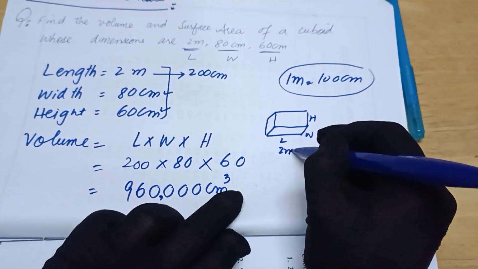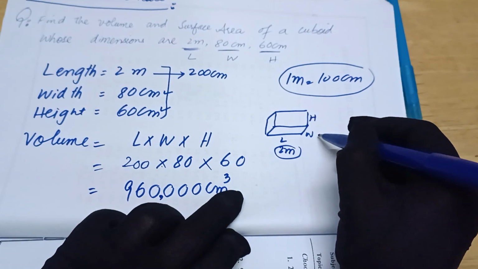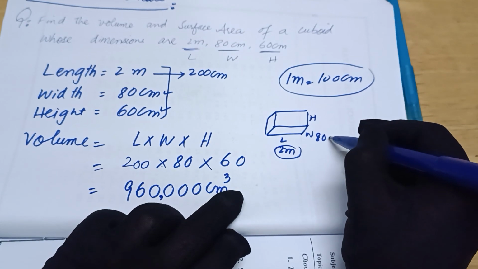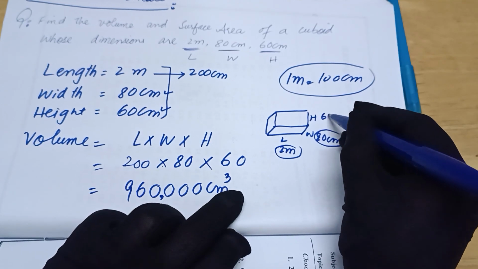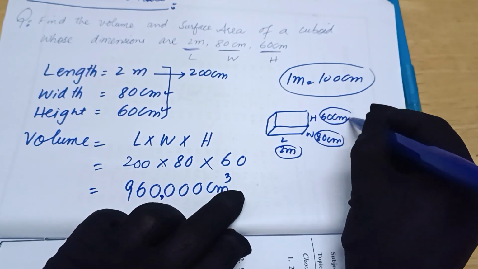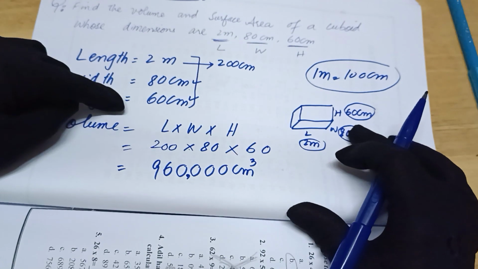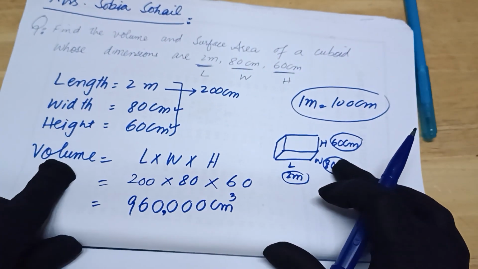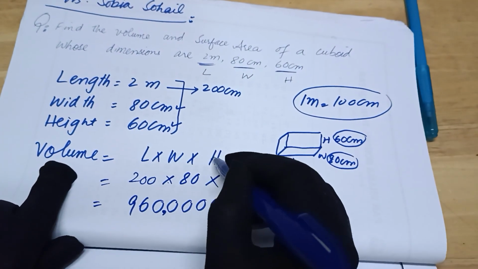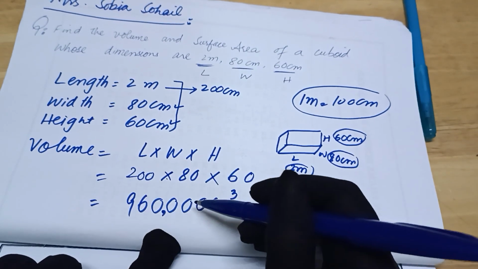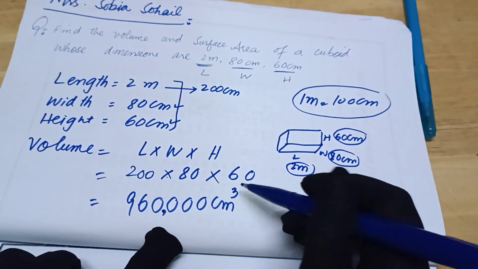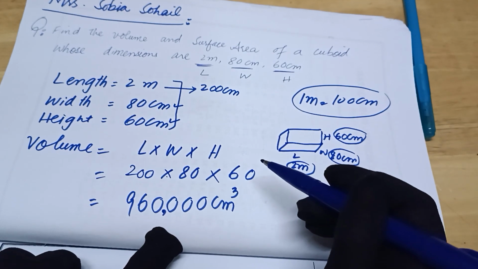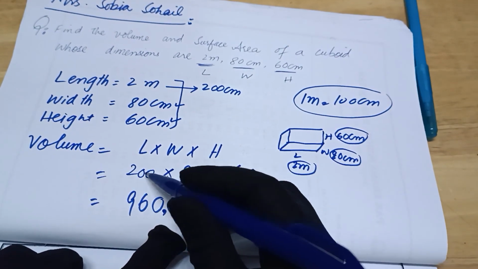Length was 2 meter, width was 80 centimeter, and height was 60 centimeter. We converted all to centimeter to multiply, and the volume is equal to length multiplied by width multiplied by height. That answer is 960,000 cubic centimeter. The short multiplication way I told you: 1, 2, 3, 4.